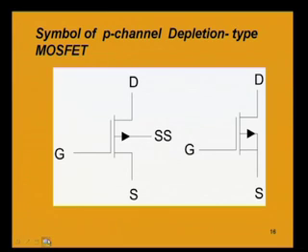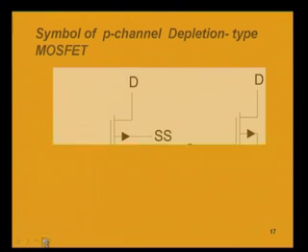So, others remaining the same, the arrowhead in the substrate connection will be just opposite to the n channel, it will be from left to right, because we have in the p channel depletion type MOSFET.